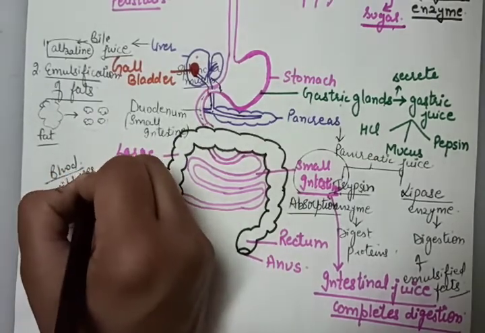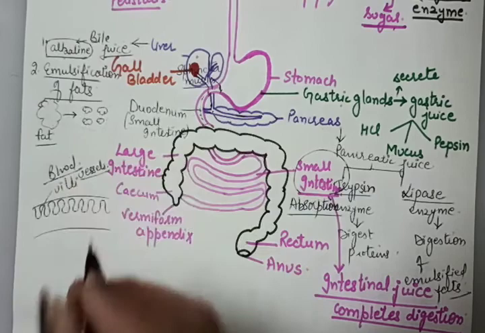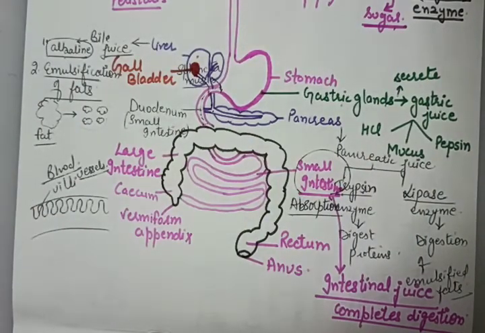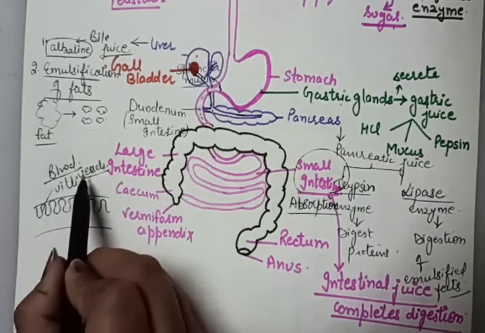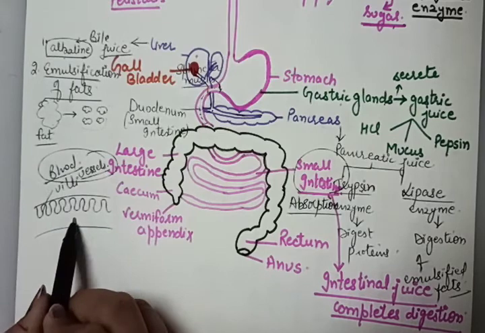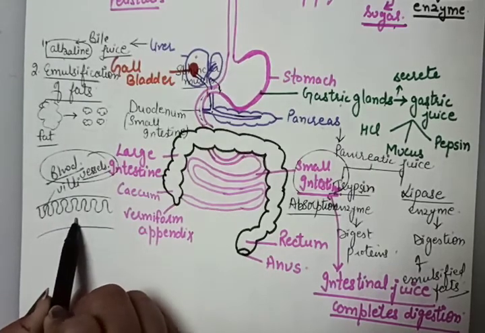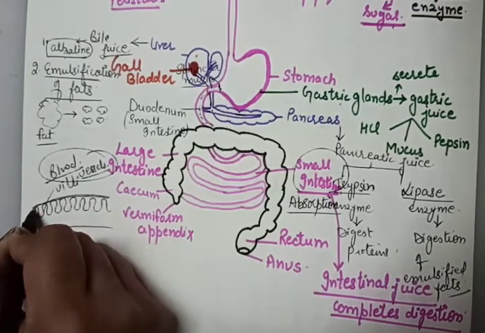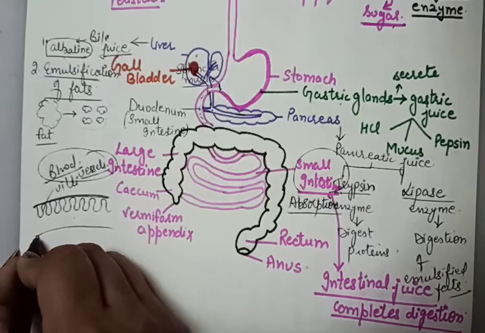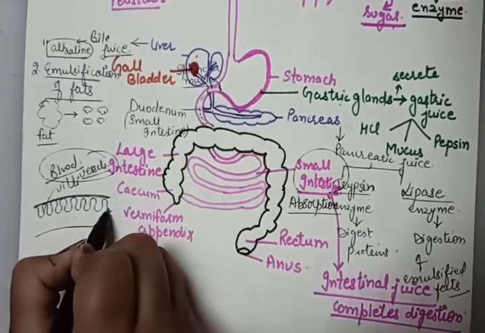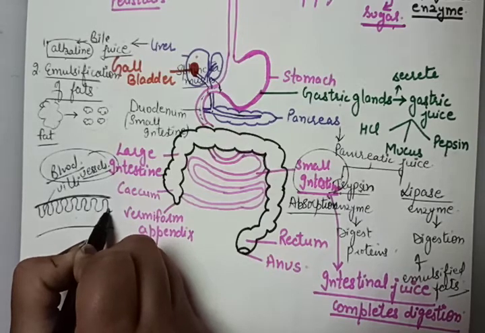All the things get dissolved in the blood, and the blood helps in moving them around the body. This is a very important point that helps in the absorption of food.